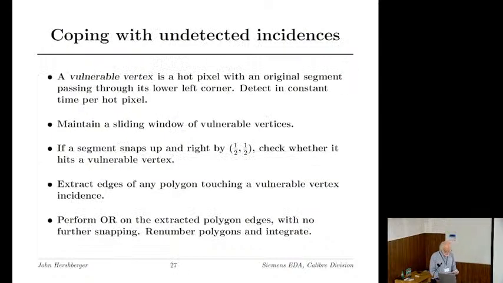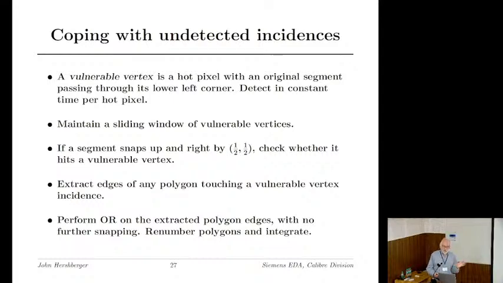So this characterization gives us enough of a foothold that we can fix the problem. So we define a vulnerable vertex to be a hot pixel that has an original segment passing through its lower left corner. And as we just saw, we can detect those in constant time per hot pixel.